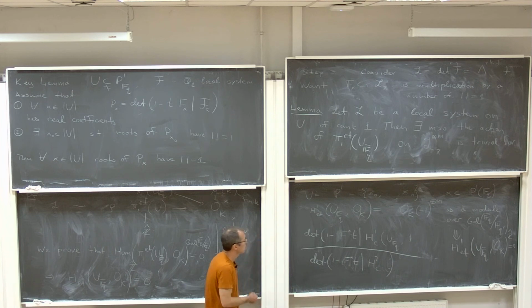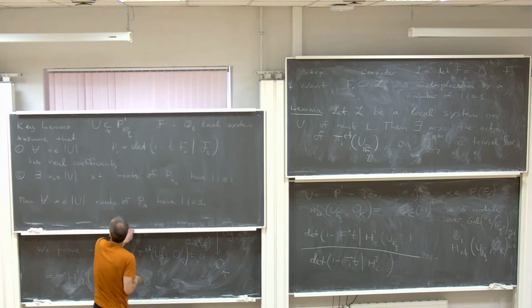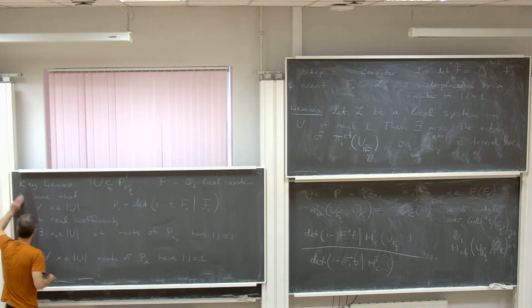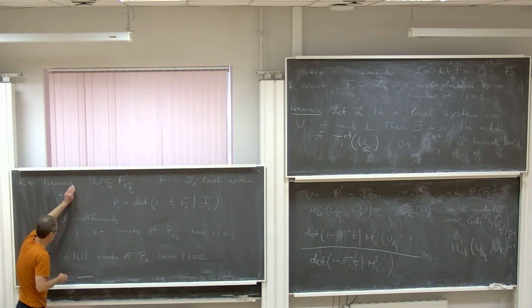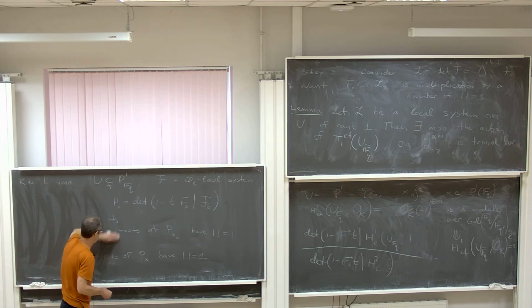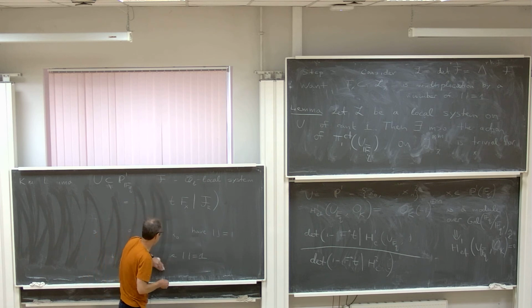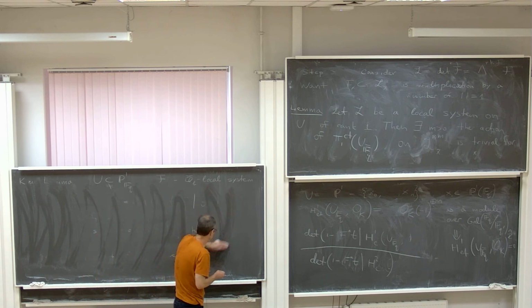Okay, so maybe let me use 2 minutes to fill one gap. I want to show the Poincaré duality for curves, and only for H2, for local systems.